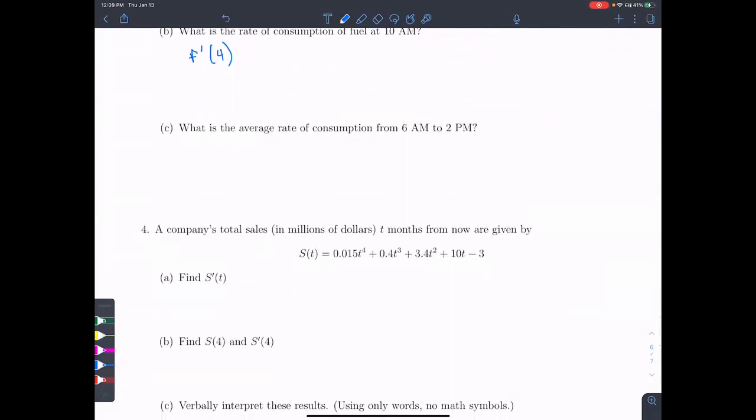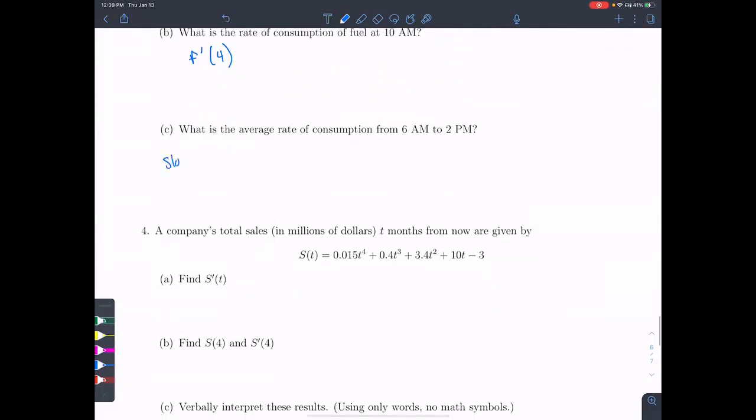The average rate of consumption from 6 a.m. to 2 p.m. The average, you're going to do the slope of the secant line. So this is going to be y2 minus y1 over x2 minus x1. 6 a.m. would be 0 hours after 6 a.m. 2 p.m. is 8 hours after 6 a.m. So this is x1, this is x2.